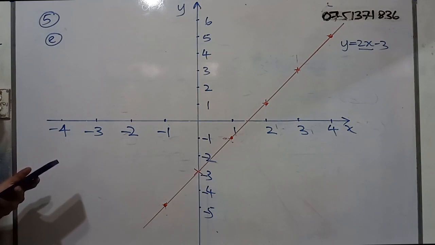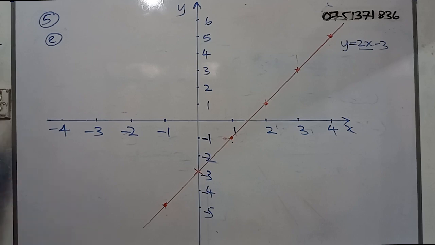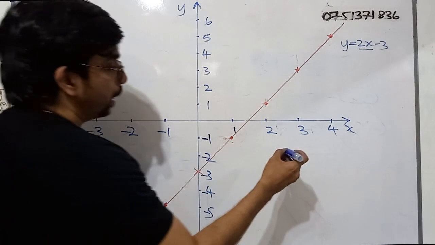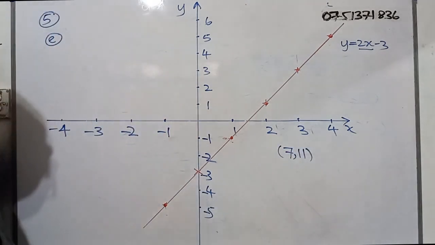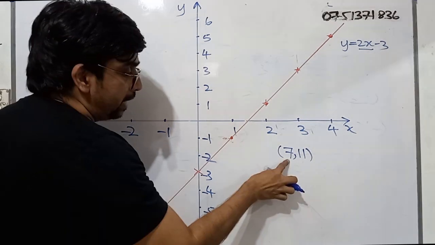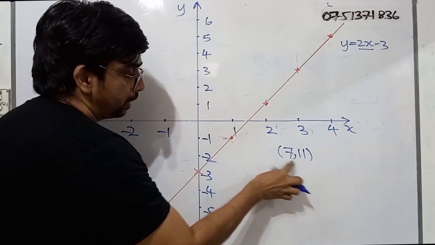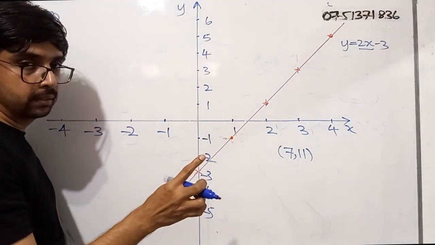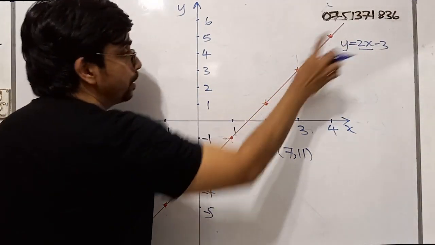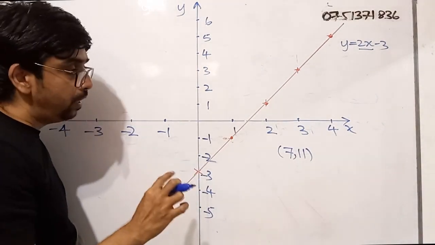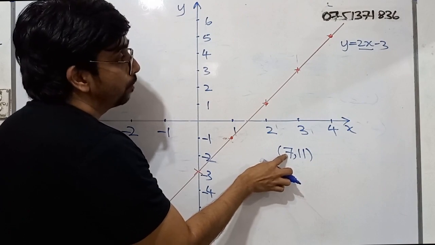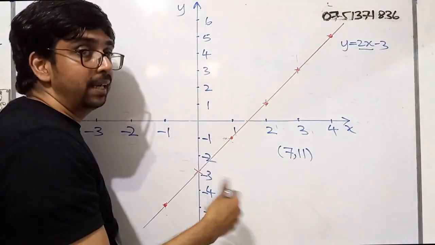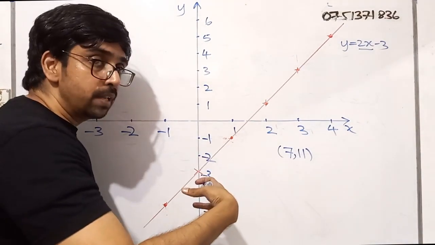Part E. Does the point within brackets 7, 11 lie on the graph? Give reasons. So what are the coordinates? 7, 11. Right? So what do we have to do? Here we have the x coordinate. Here we have the y coordinate. We know the equation of the line. So what we can do is substitute the value of 7 for x and take a look at what comes as the value for y.